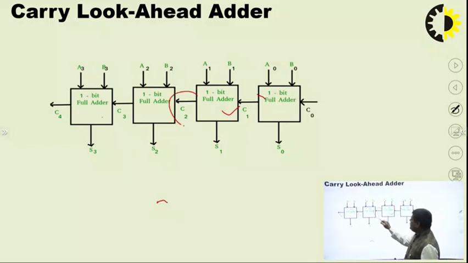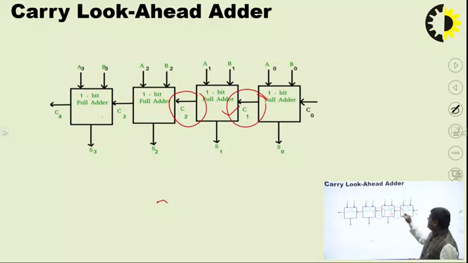Similarly, if we calculate the C2 carry in advance, then there is no delay for this full adder, and the propagation delay is automatically removed.